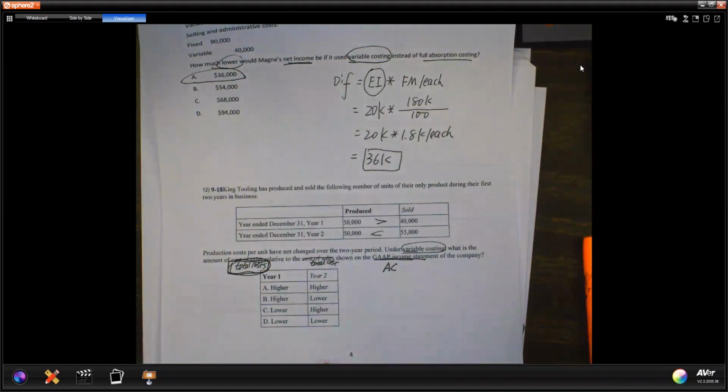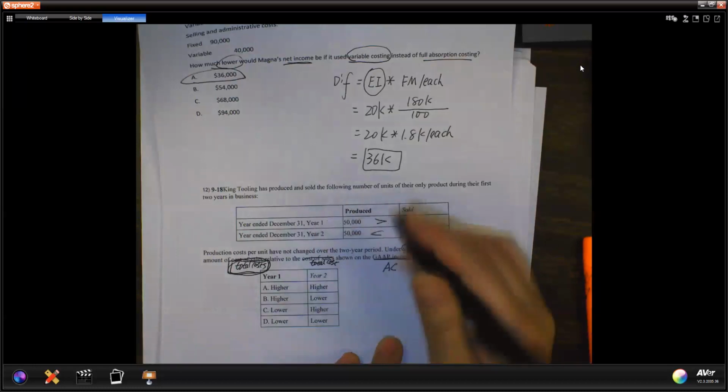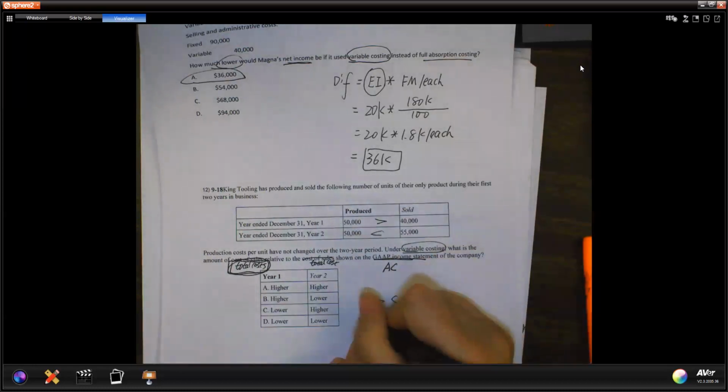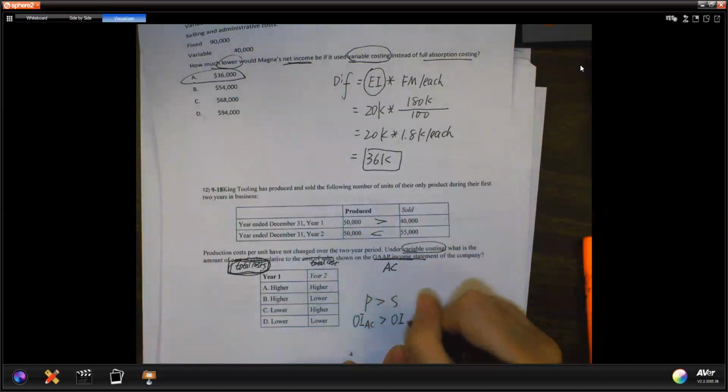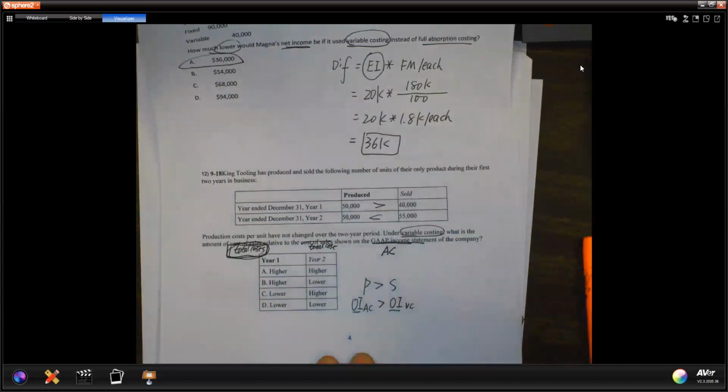There are two ways to think about that. First, you can do the indirect way. In the first year your production is more than sales, so operating income under absorption costing will be more than operating income under variable costing, right? But this question doesn't ask you about operating income. It asks you about your total costs.